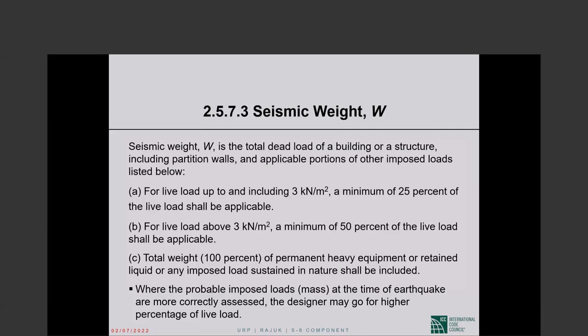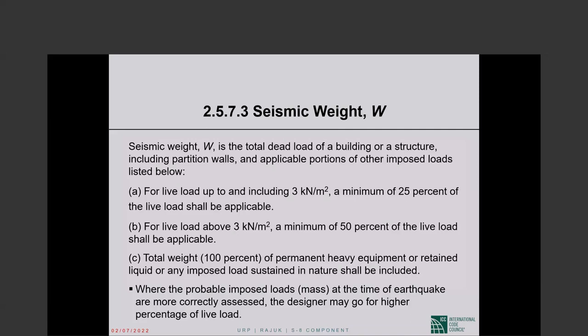Total weight of permanent heavy equipment or retained liquid or any imposed load sustained in nature shall be included, where the probable imposed loads at the time of earthquake are more correctly assessed. So where they are more correctly assessed, the designer may go for a higher percentage of live load.